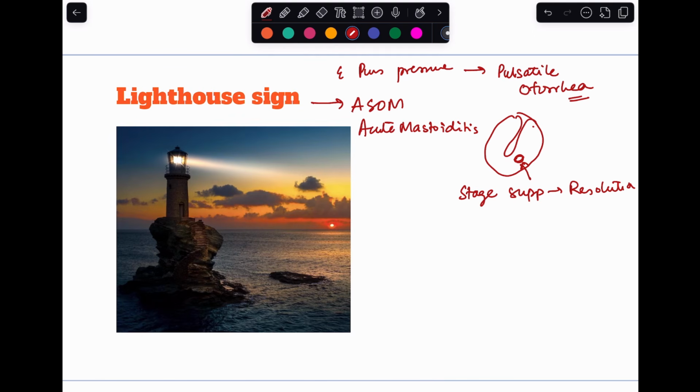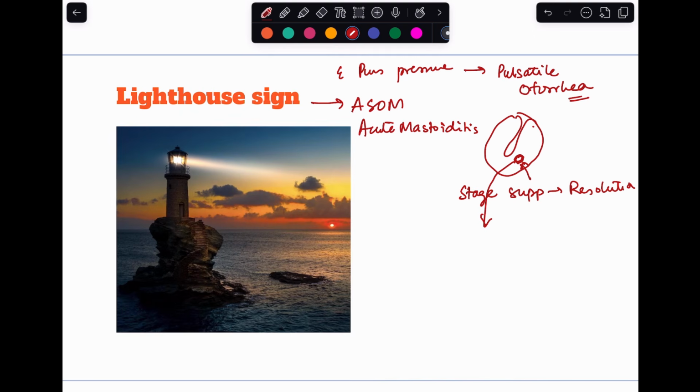Now that there is a small perforation, all the pus that is present in the middle ear and the mastoid starts coming out under pressure from this small pinhole perforation. And this discharge, as you see on otoscope, appears to be pulsatile because of the transmitted vascular pulsations from the middle ear.